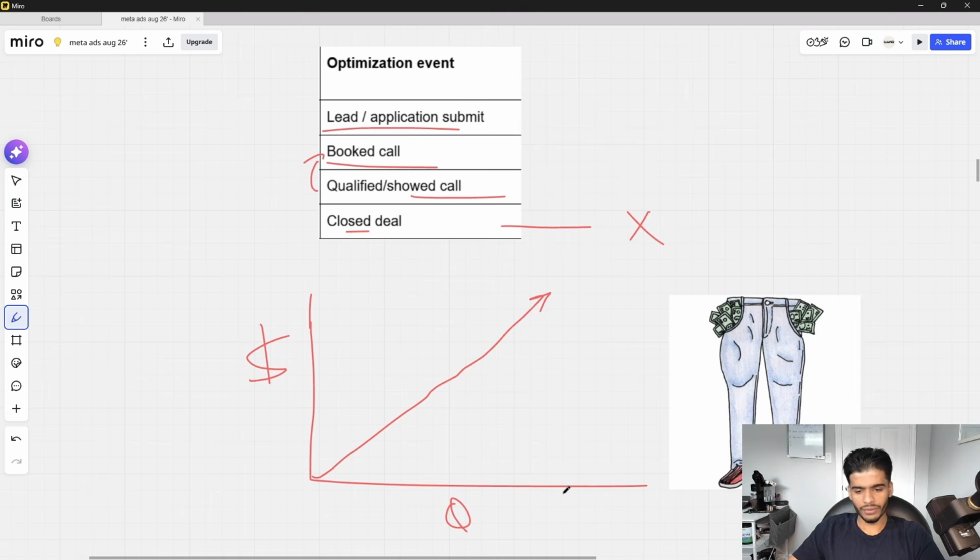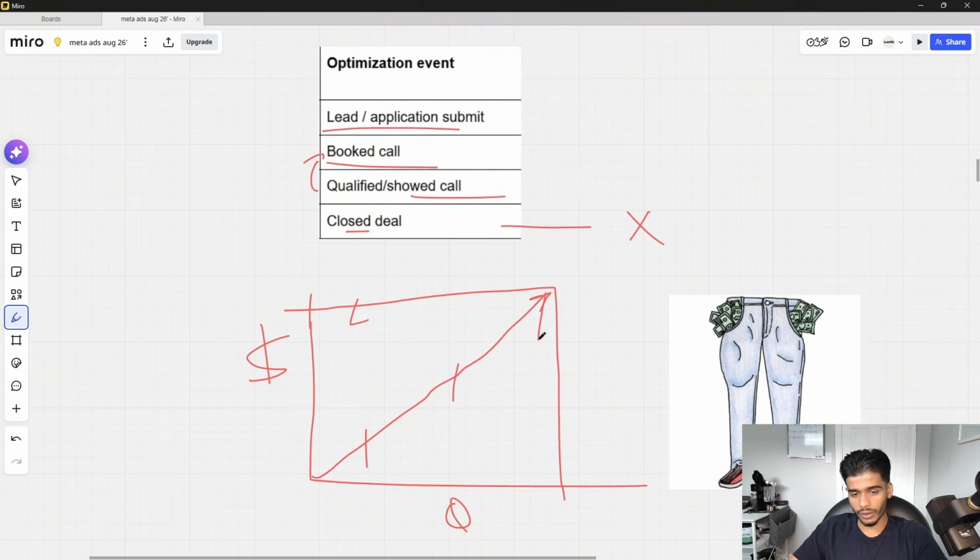Now the more qualified the event your pixel triggers on is, the better it is, but the more expensive it gets as well. So this would look something like this. Optimize for lead, cost per action is really cheap. Optimize for booked call, it's a little more expensive.